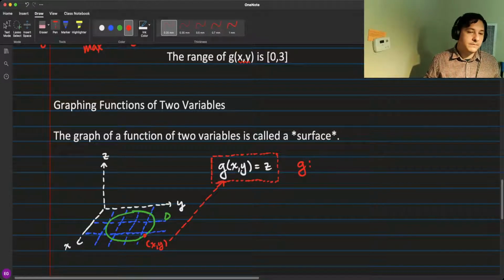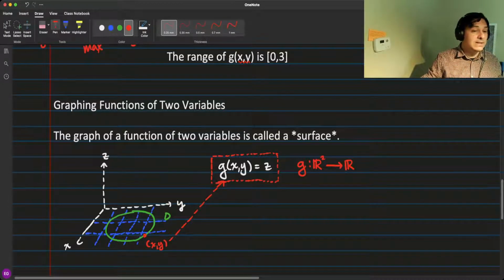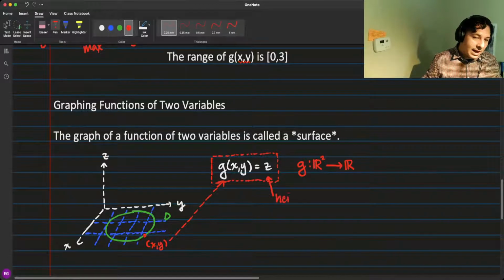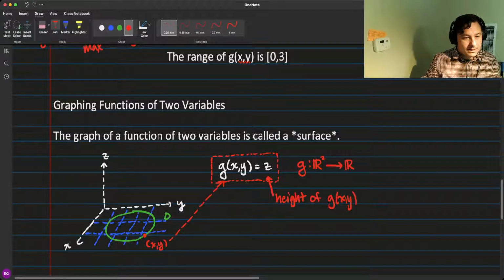Yeah, cool, awesome. So remember, g takes as an input a point in the plane and outputs a point on the number line, specifically on the z-axis. So really what you can think of this as is z is the height of this function at the point x comma y.